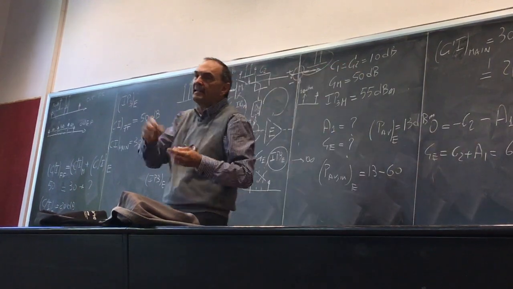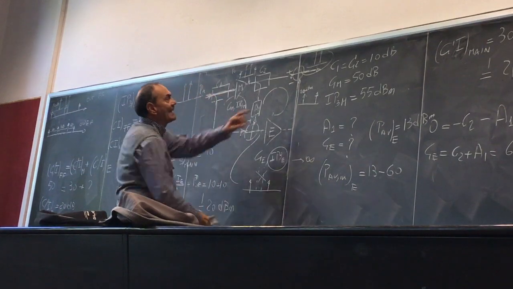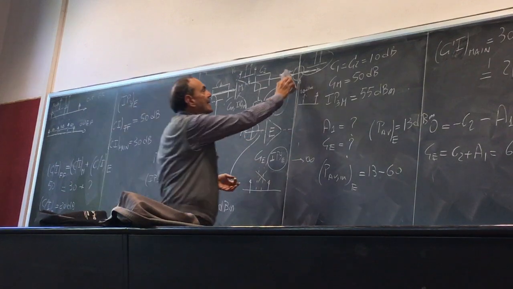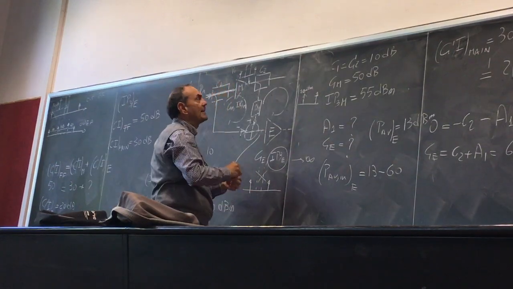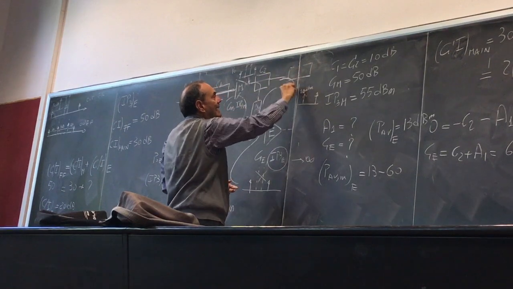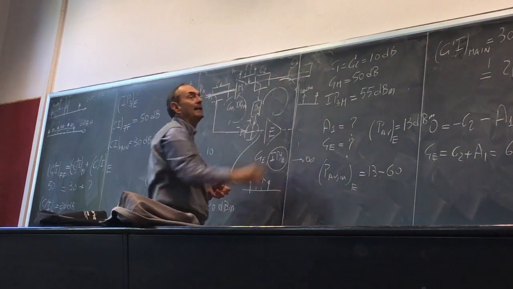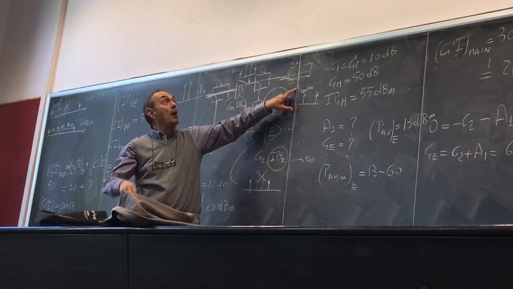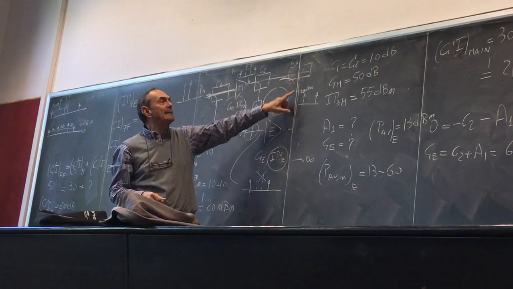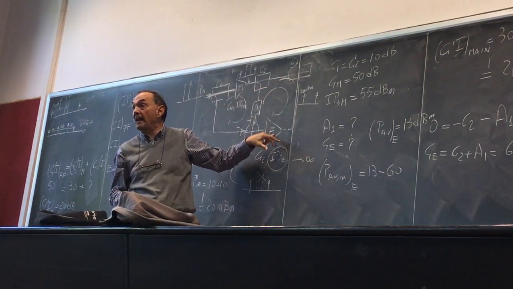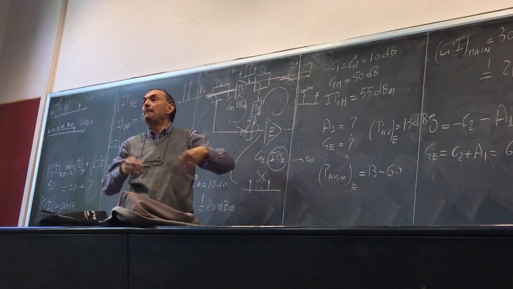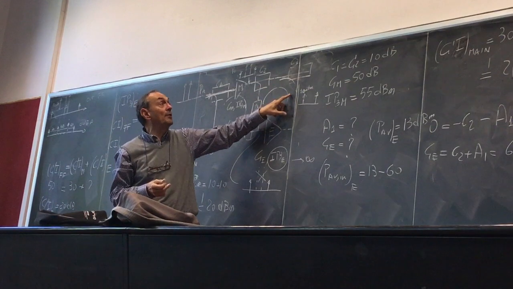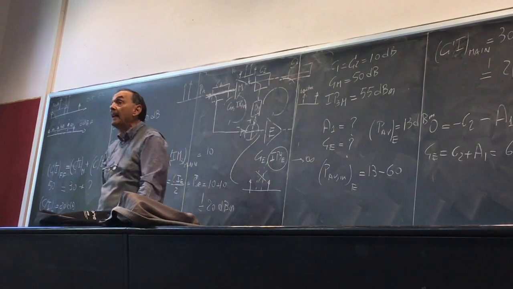But, just to complicate the situation, if here I have not an ideal node but something more real, for instance a coupler, with a coupling equal to C3, the power at this point is C3 dB lower than the power here. And this means that the power the error amplifier must provide has to be C3 dB larger than the power in the intermodulation line, just to take this reduction effect into account.